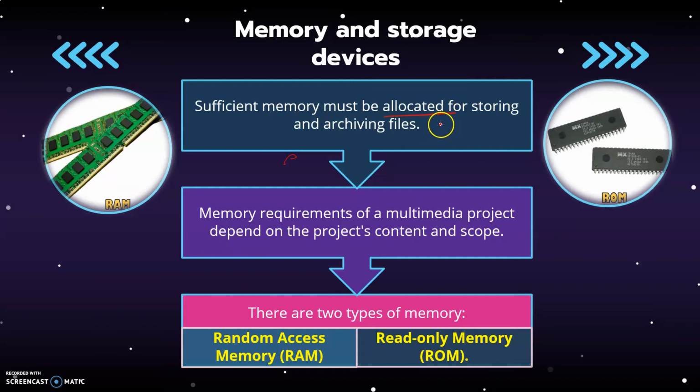If you want a computer to be really fast, there are certain things that you can do. So we need to look at these two types of memory, which are RAM and ROM. I will go into details of how RAM and ROM work inside your computer.